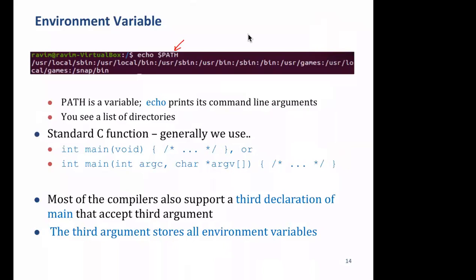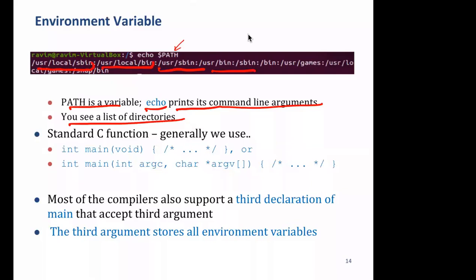PATH is a variable. When I use the echo command, it prints the command's argument. So you can see the list of directories, right? For example, I am seeing /usr/local/sbin, then bin, then /usr/sbin, and so on. So these are a list of directories.